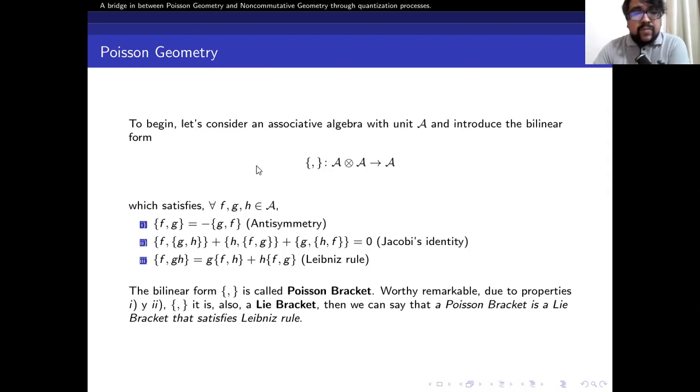So this bilinear form with these three properties is a Poisson bracket. But these two are actually the requirements for a Lie bracket. So you can say that a Poisson bracket is basically a Lie bracket that satisfies the Leibniz rule. By the way, the Leibniz rule is also known as a derivation.